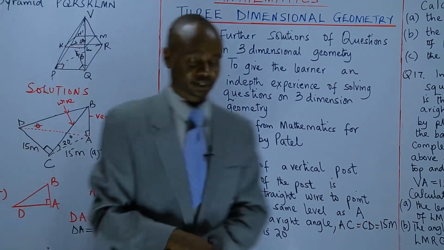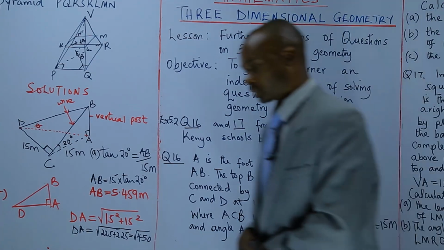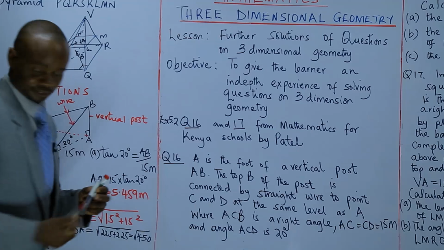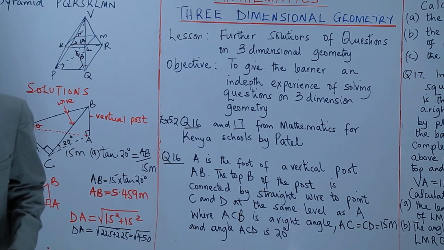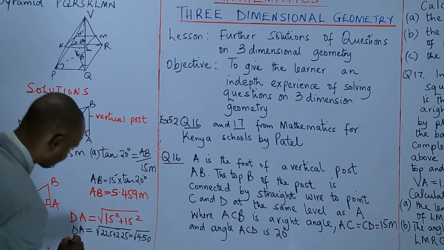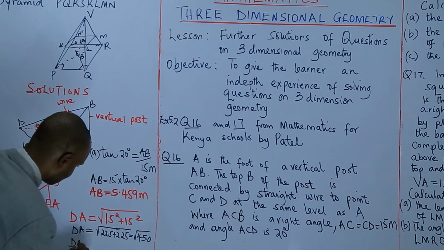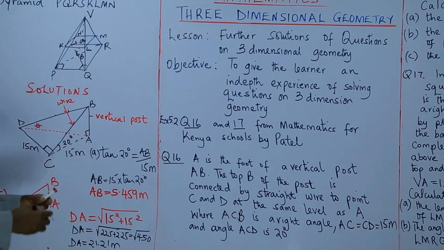If you calculate that, the square root of 450 is 21.21. So DA is 21.21 meters.